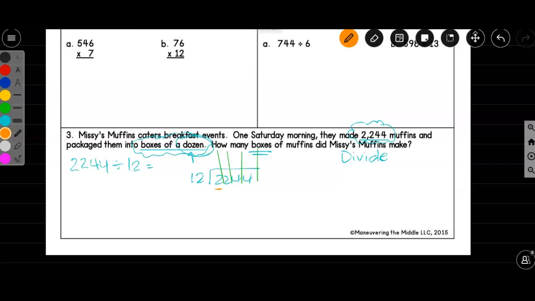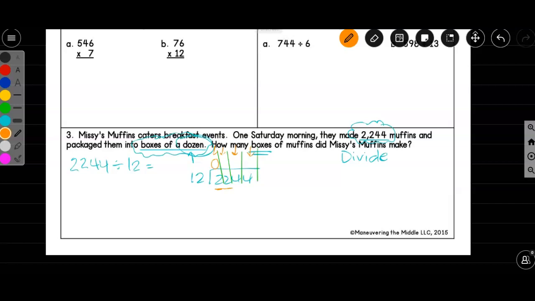If you have two groups of 1,000, do you have enough 1,000 cubes to make groups of 12? No, you only have 2. Answer is no. You write a 0. Remember, each one of these values in your dividend needs to have a response above it as a partial quotient. That'll help you keep your place value while you're learning.